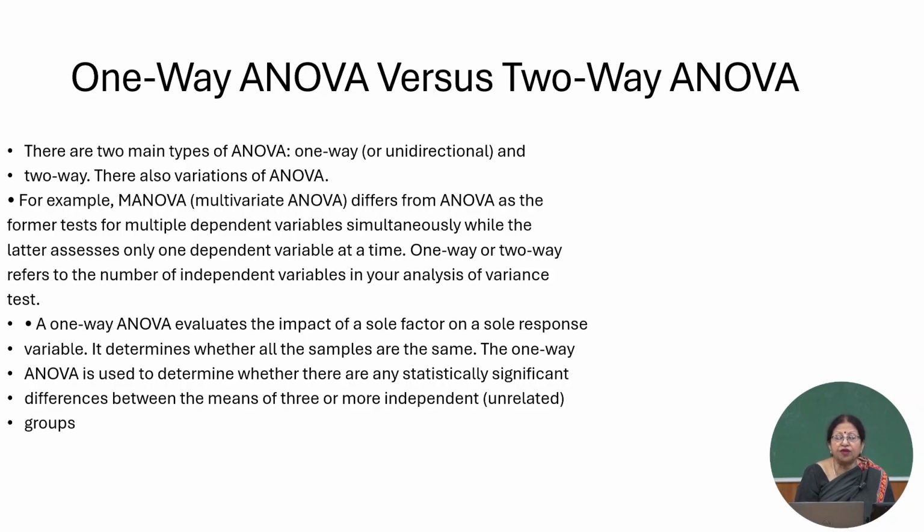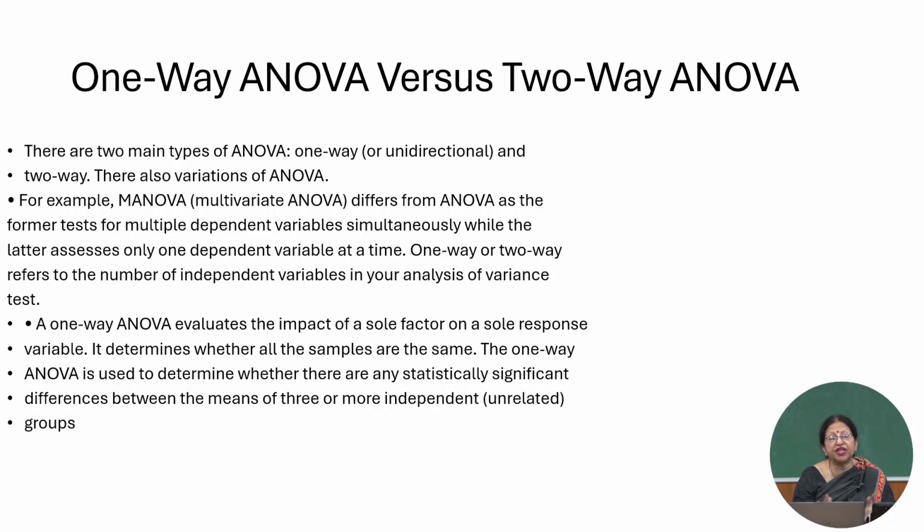Similarly, a one-way ANOVA evaluates the impact of a single factor on a single response variable. It depends whether all the samples are the same. The one-way ANOVA is used to determine whether there are statistically significant differences between the means of three or more independent, unrelated groups. So this is the difference.